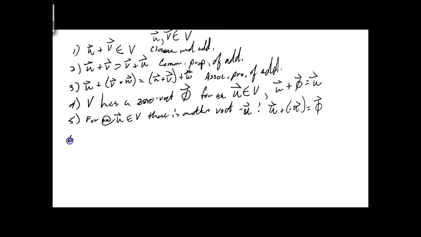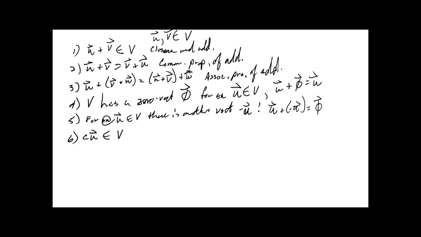So here are the ones that deal with multiplication. First, if you multiply a scalar times any vector in V, this will also be in V. So if this is a vector v and I multiply it by as big a number as I want to, it's still going to be in this plane, or in space, or wherever. It's going to be true for any vector space. c times v will also be in the vector space.